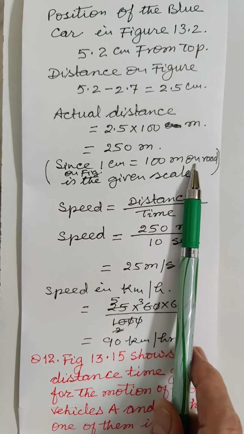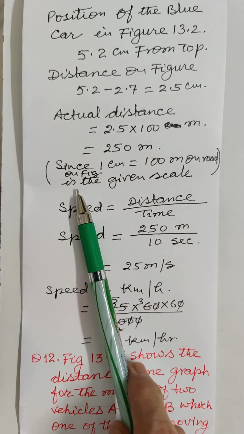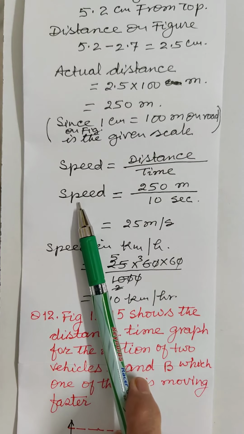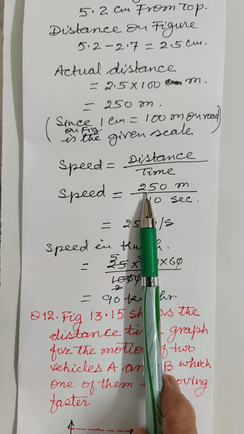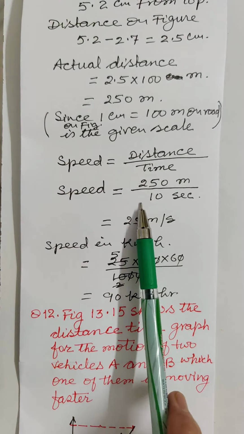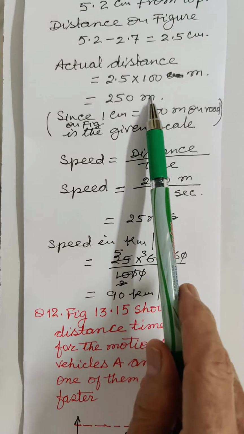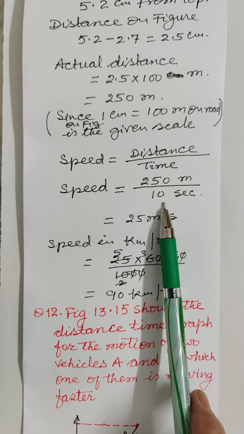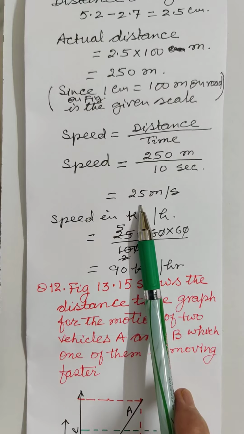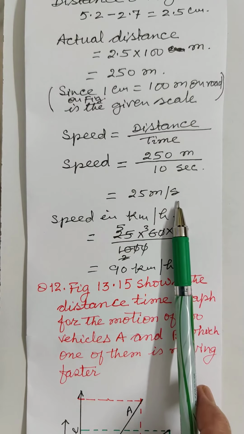So speed is equal to distance upon time. Speed is equal to 250 meter, as we have seen in the figure, and time taken is 10 seconds. So 250 divided by 10, we will get 25 meter per second.